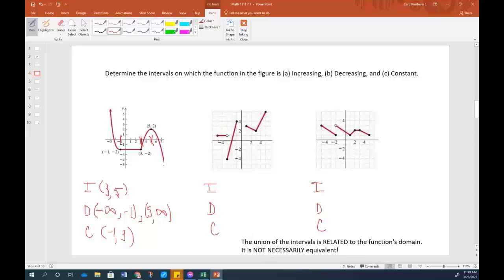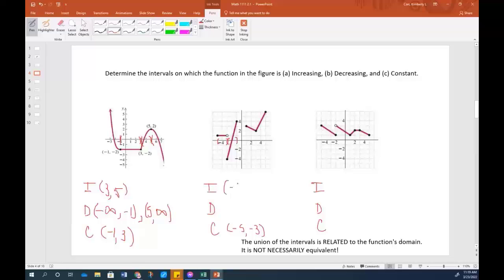So here on our very first interval, it actually starts at -5, but even though that's a closed circle, our intervals for this type of answer are always open. So from -5 to -3, we're constant. Then this section, if we write it from left to right, we are increasing, so the x values are from -3 again, all the way to -1, because we're going to answer about x.